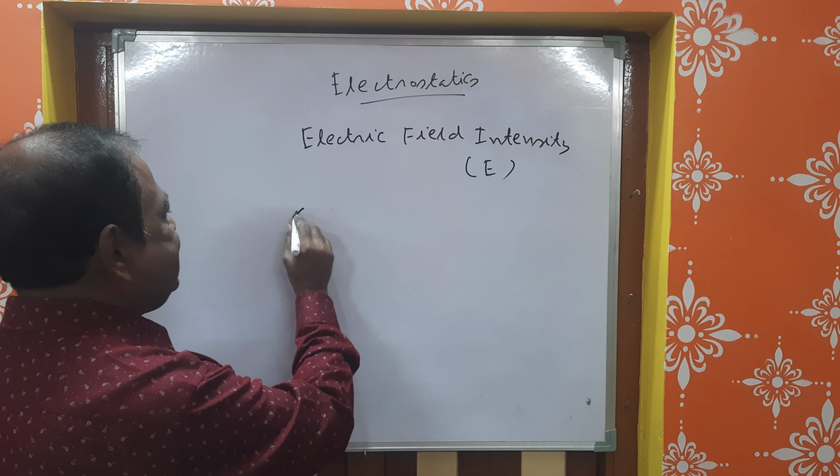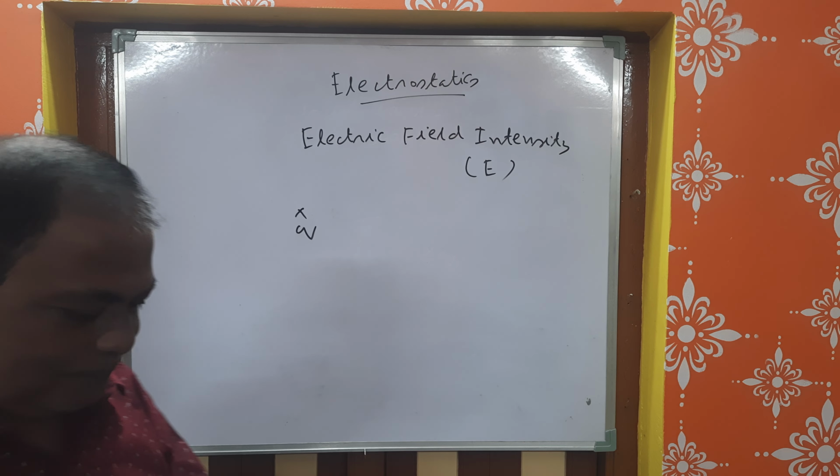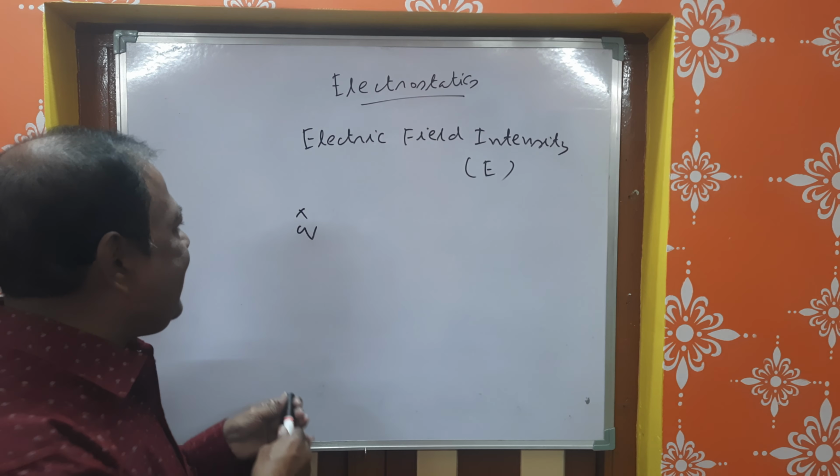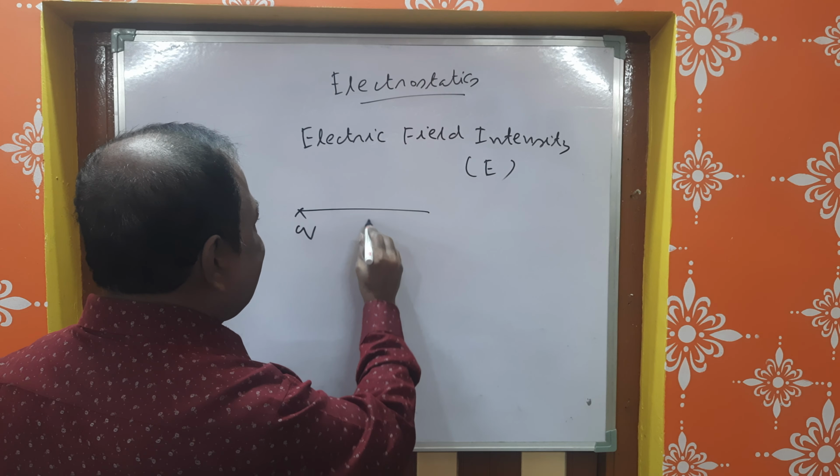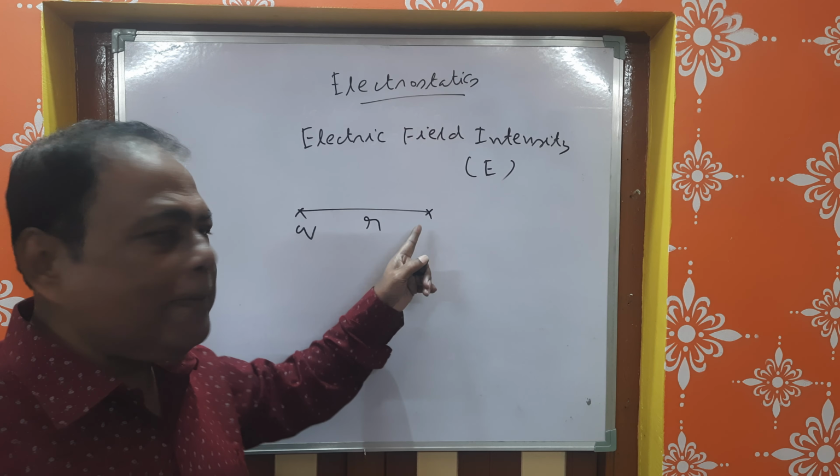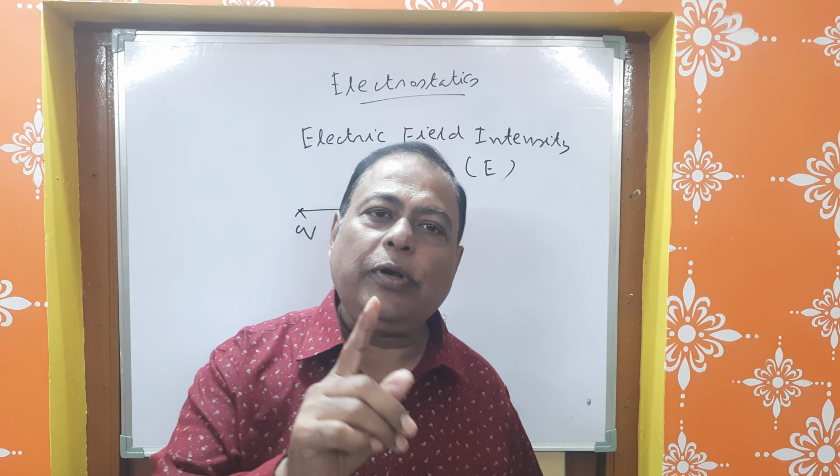What is the meaning? Suppose I am considering a charge Q here. At a distance R, I place a unit positive charge.